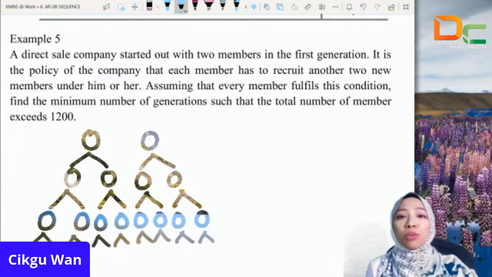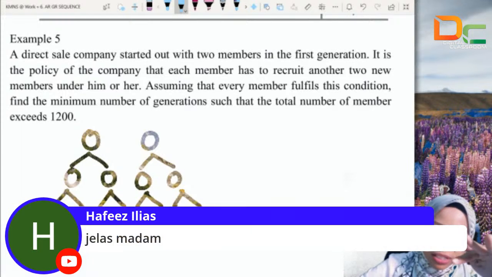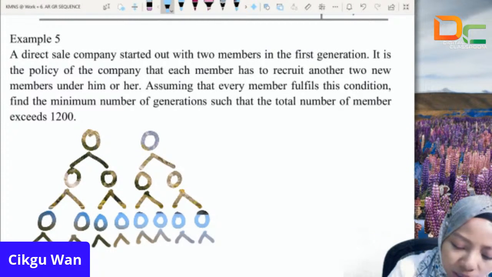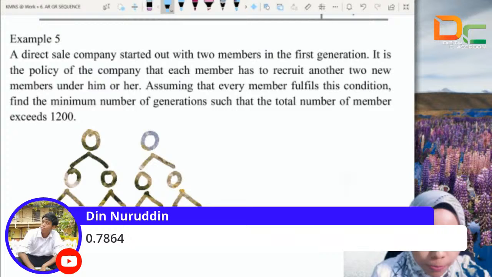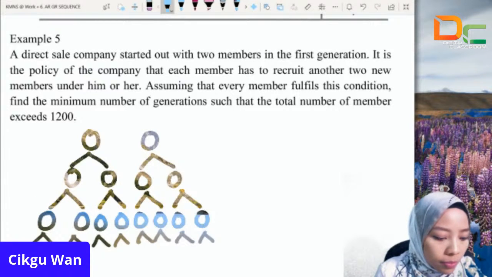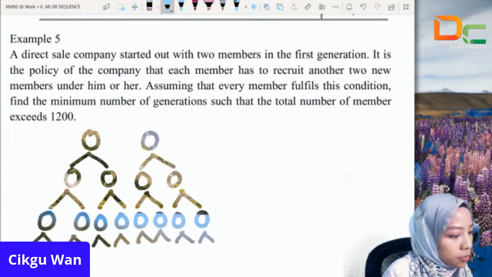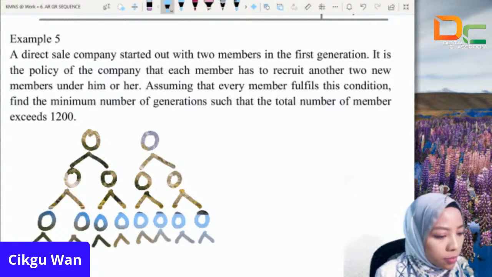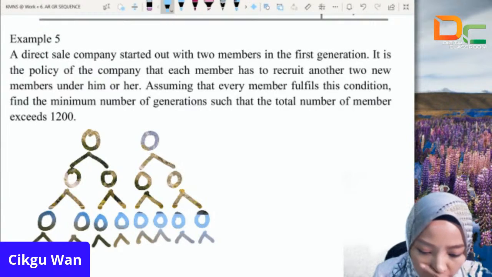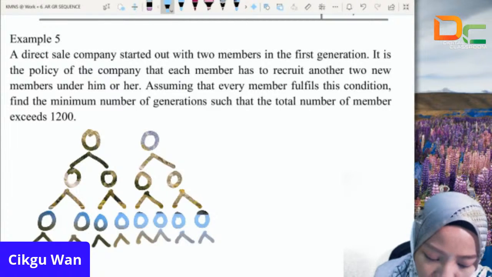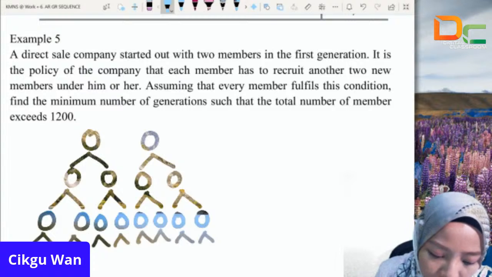So you see first generation, second generation, and now first, second, third. They want the total to be greater than 1200.